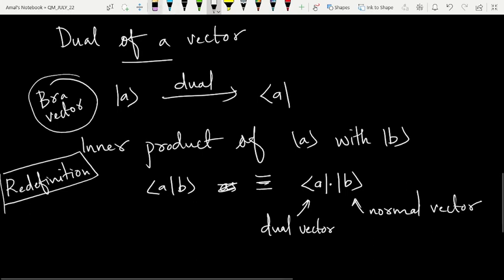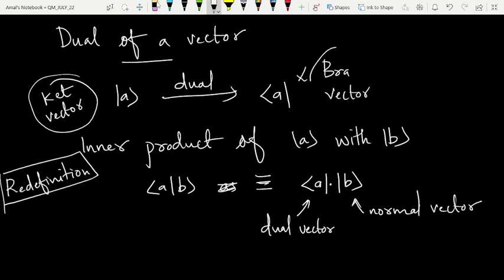So actually, reverse: this normal vector is known as the ket vector and this dual vector is known as the bra vector. And this is known as bracket notation, which is the same as the Dirac notation.